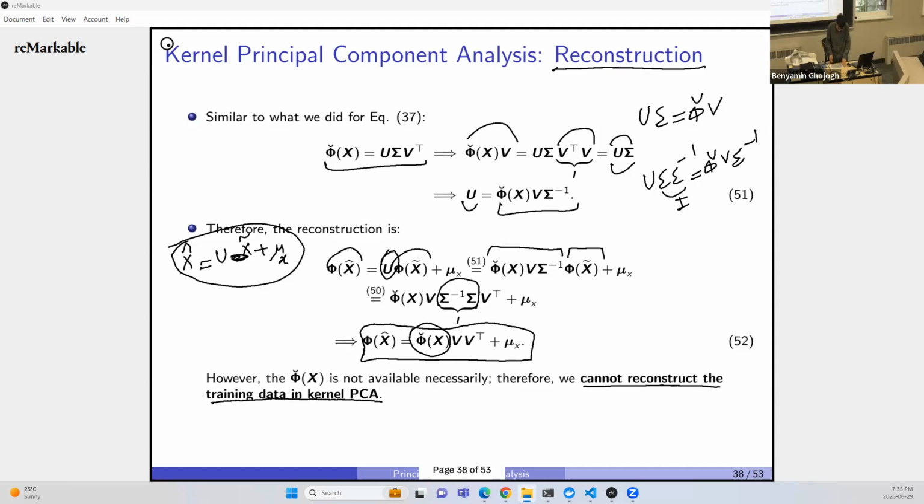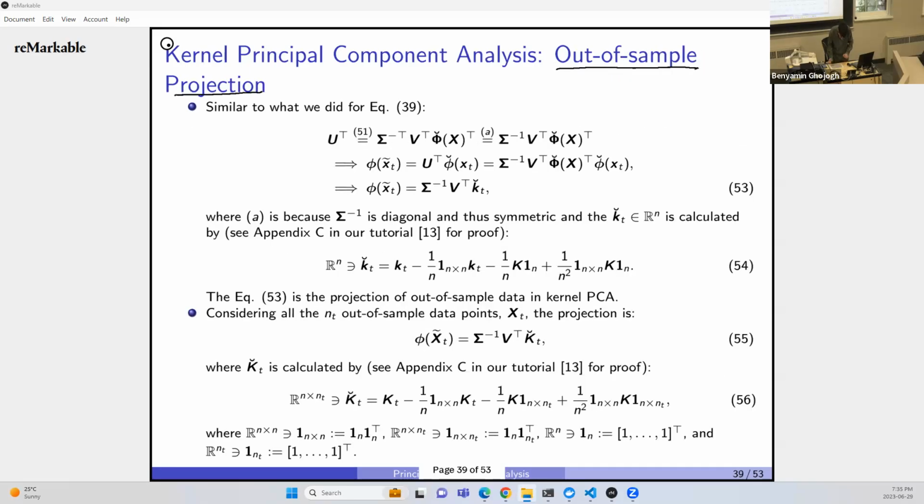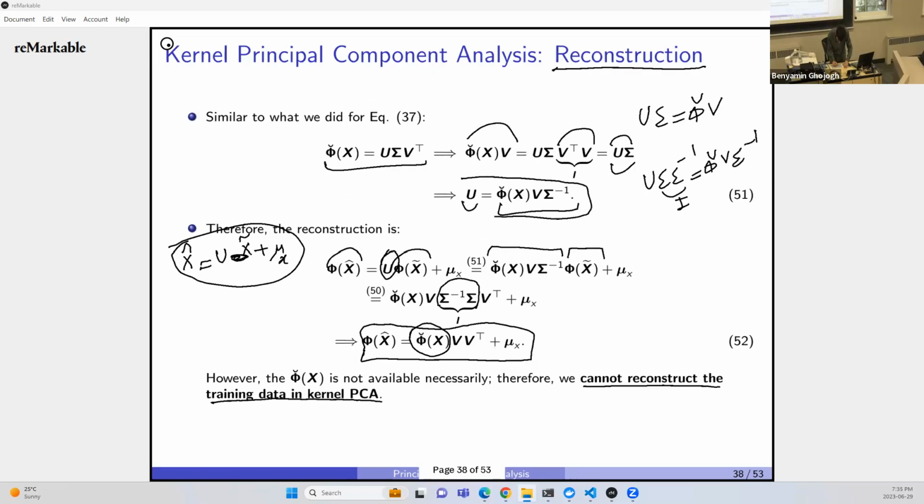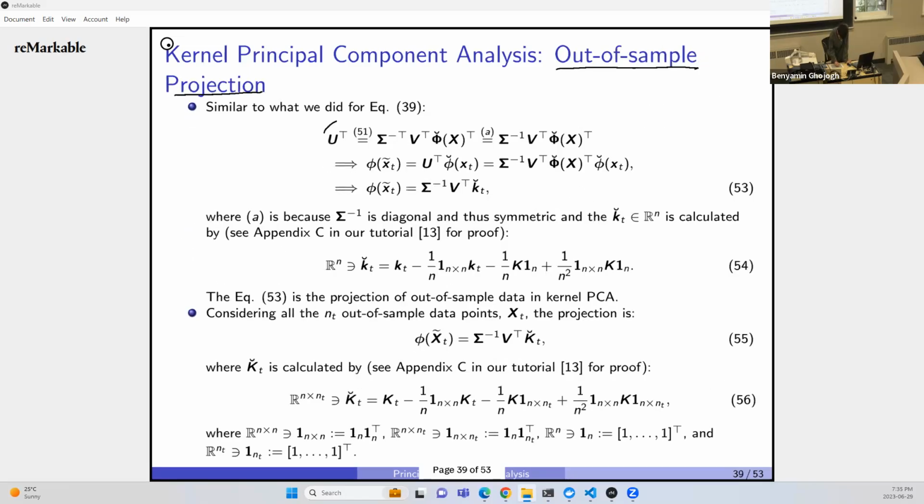Now, out of sample projection. So what was in equation 51? This was U, right? Therefore, U transpose becomes this. I just transpose equation 51. I know that sigma is diagonal, therefore sigma inverse is diagonal, therefore sigma inverse transpose becomes sigma inverse. Then what happens?